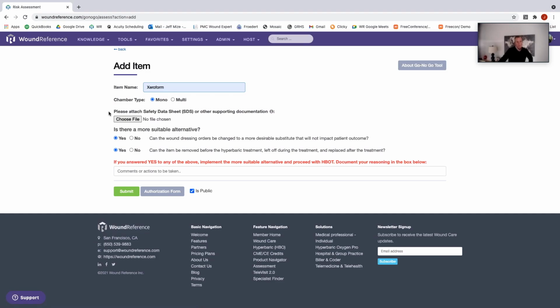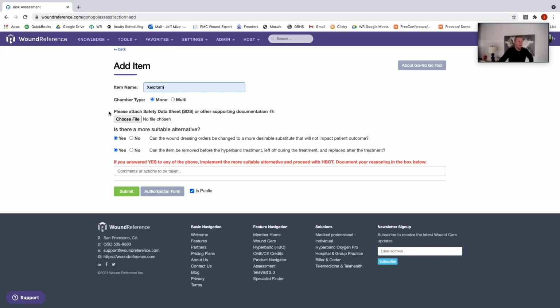Searching for Zeroform, what we were able to find is a safety data sheet that had product information. However, it didn't have all of the necessary information required to fully evaluate its safety within a hyperbaric environment. What you will find oftentimes is that all of the information needed is not published or available.